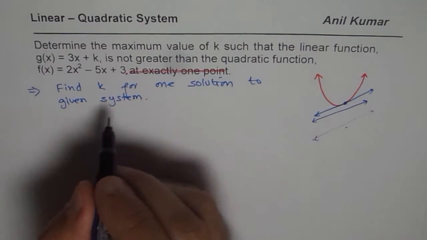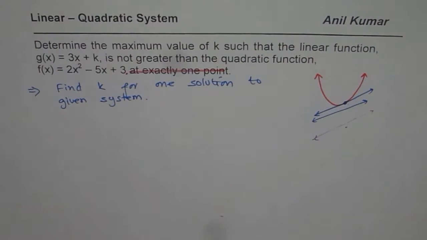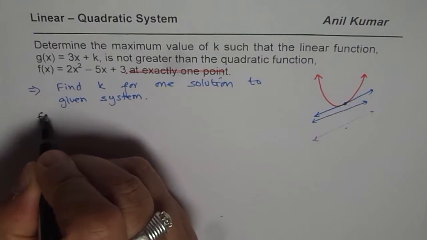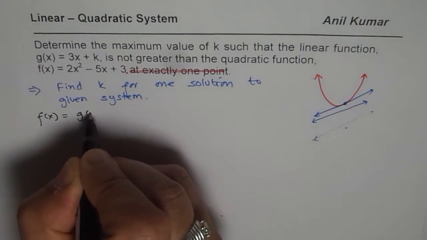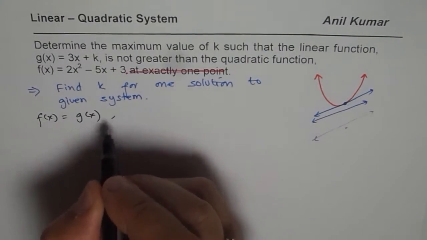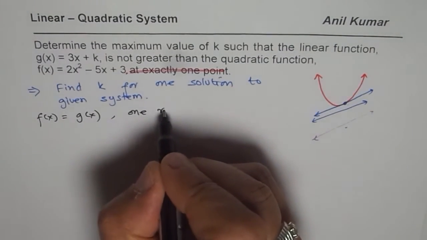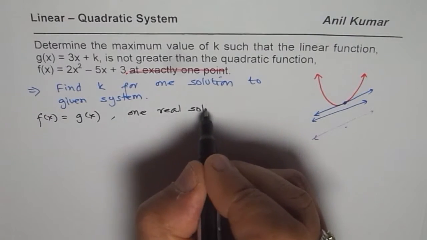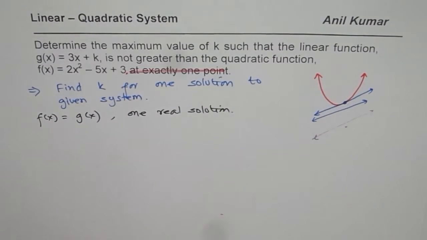So what I'm trying to say here is, it really means that we should try to set f of x equals g of x and ensure that we have one real solution. Do you understand now? So that is the question.